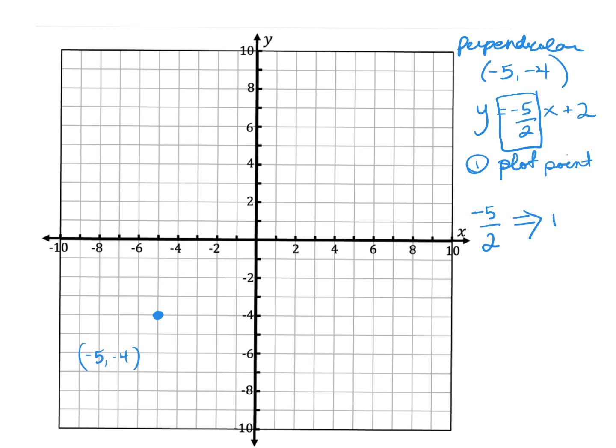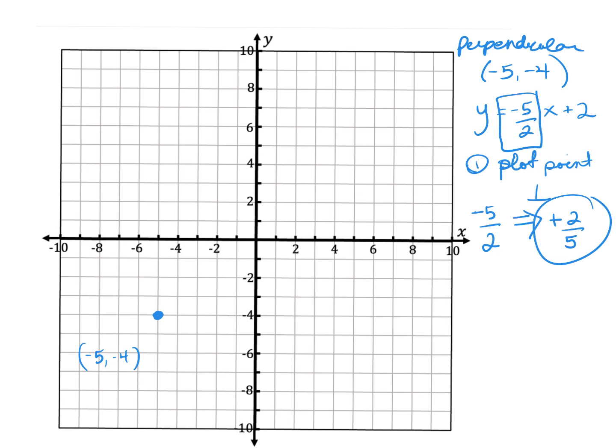Remember, opposite signs, flipped fraction. That's what opposite reciprocal means. This upside down T is the symbol for perpendicular. So the perpendicular slope that I'm going to count with is the positive 2/5.